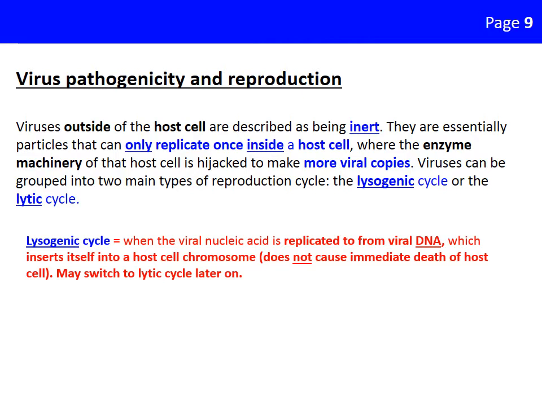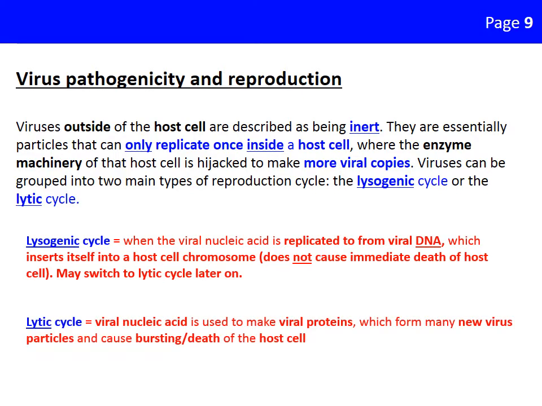However, the lysogenic cycle, whereby the viral DNA remains dormant in or as part of a host cell chromosome, can then switch into the lytic life cycle. So the lytic life cycle is where the viral nucleic acid, for example, viral RNA, is then used and translated to make viral proteins. Now the viral proteins can then assemble into the new viral capsid, the protein coat that surrounds the nucleic acid.